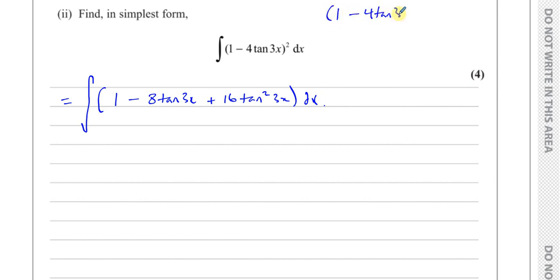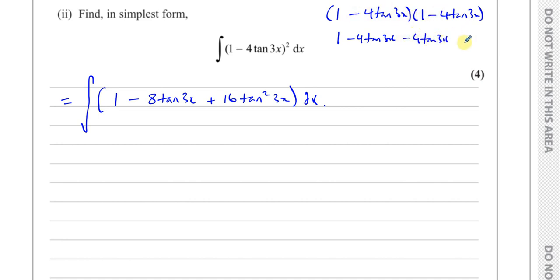Now, for those of you who are not used to this pattern method of expanding brackets, we know that (1 minus 4 tan 3x) squared is equal to this. You just multiply it by itself. So 1 times 1 is 1. 1 times minus 4 tan 3x is minus 4 tan 3x. Minus 4 tan 3x times 1 is minus 4 tan of 3x.